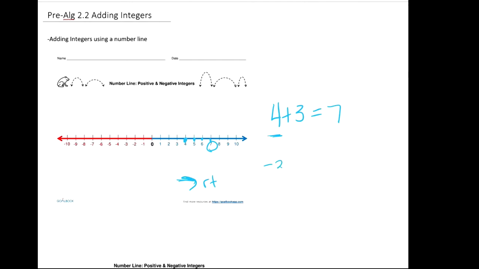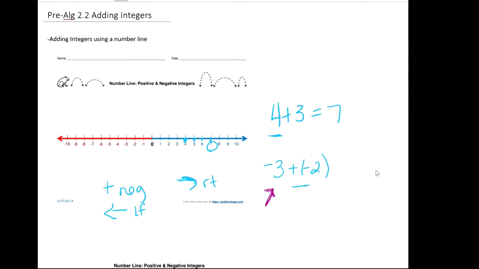So what if I had negative 3 plus a negative 2? Well, we're going to utilize the same pattern, except now when we add a negative, we move to the left. But just like before, we're going to start with negative 3.